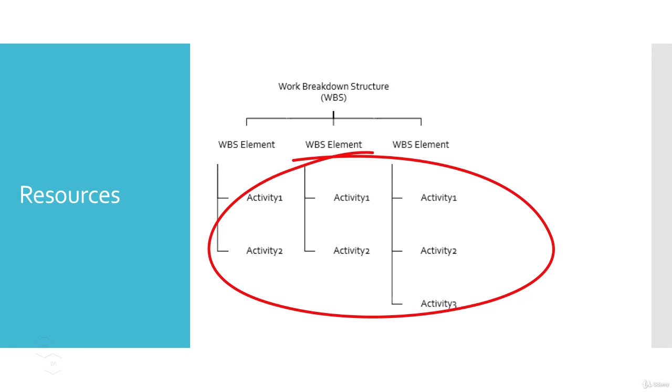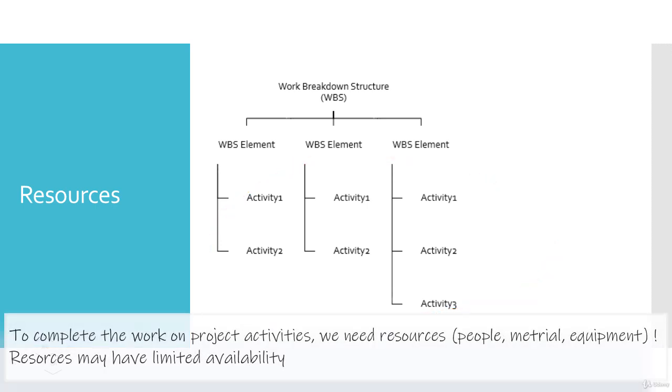Please note that to complete these small actions, we need to work on the project activities. Then who performs the work on these activities? Can you tell me? In fact, the work is performed by one of the members of the project team. So this clearly shows us that to complete the activities, we need resources.